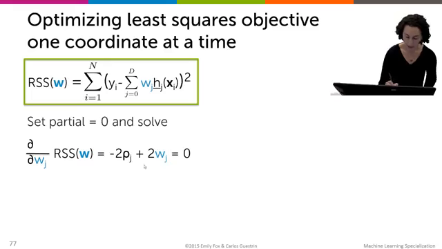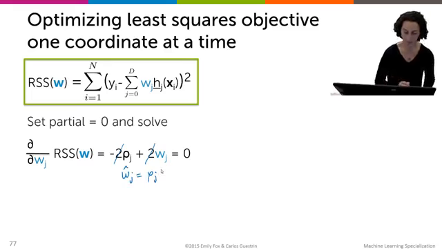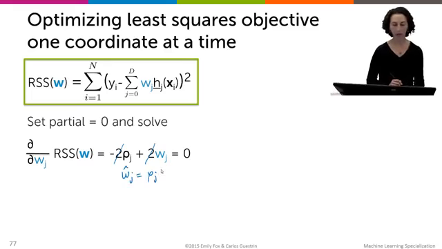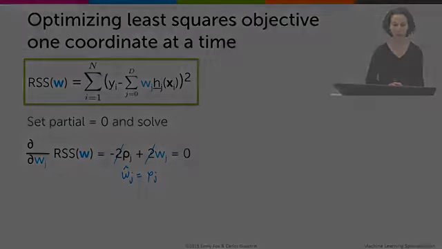Remember when we set it equal to 0, we start calling things w hat. So these 2's cancel out, and very straightforwardly, I get w hat j equals rho j. Okay, so now I've derived my coordinate descent algorithm.